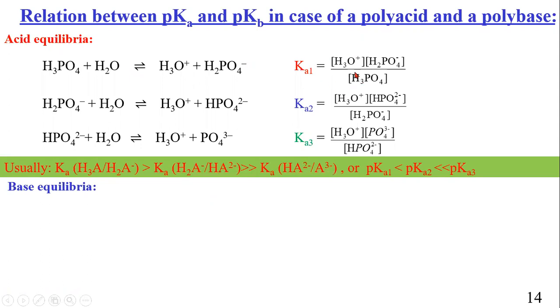Of course, the first acidity is greater than the second, greater than the third, and thus the pKa1 will be less than pKa2, which is going to actually be way less than pKa3.